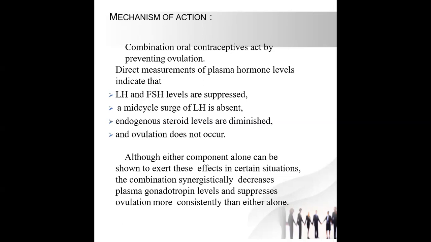Although either component alone can be shown to exert these effects in certain situations, the combination synergistically decreases plasma gonadotropin levels and suppresses ovulation more consistently than either component alone.